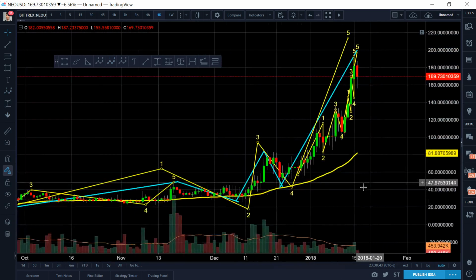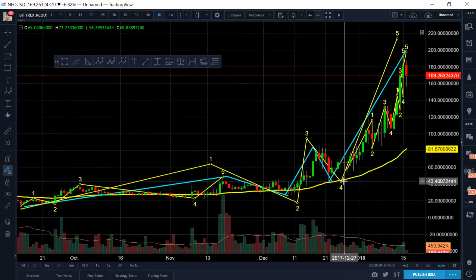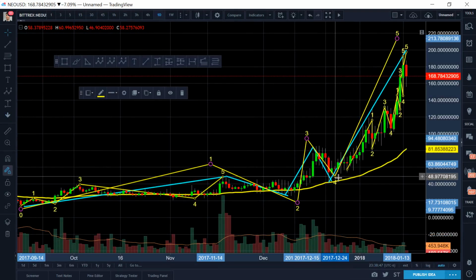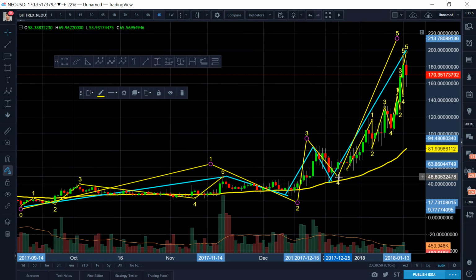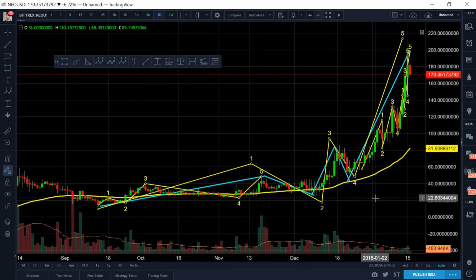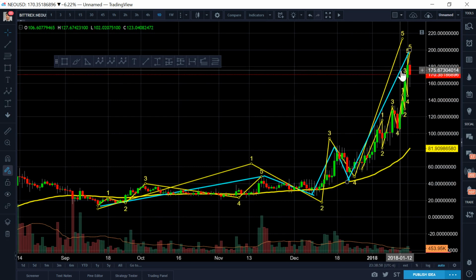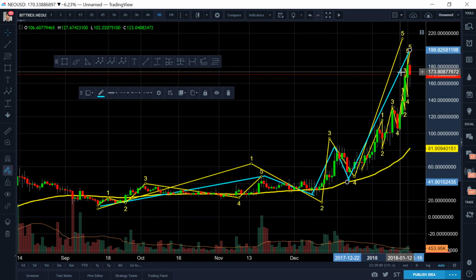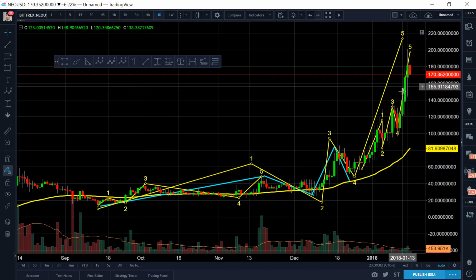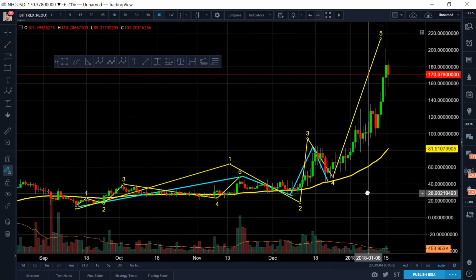And do we fit the rule by wicks of wave 4 coming into the territory of wave 1? Yes, we do. We do fit that criteria. Therefore, this one seems more valid than the previous one, doesn't it?